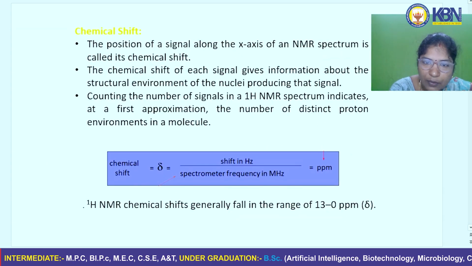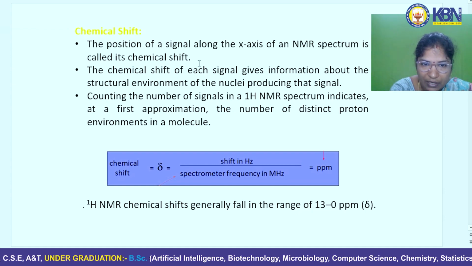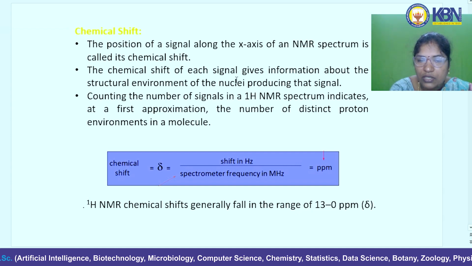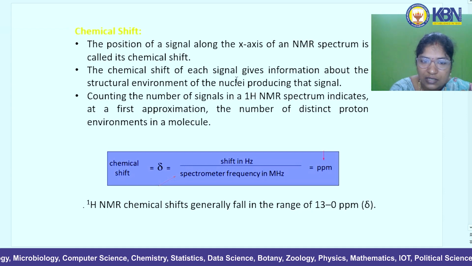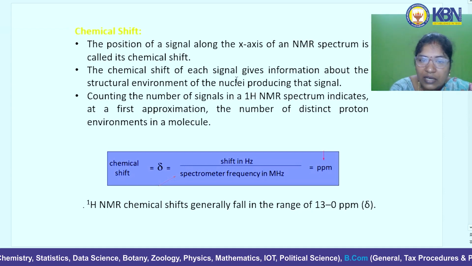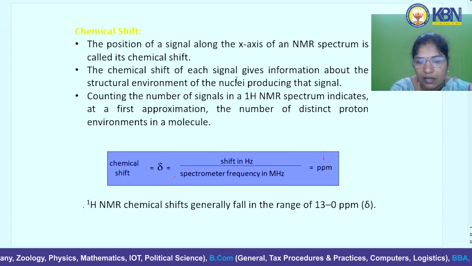Chemical shift. The position of the signal along the axis of the NMR spectrum is called the chemical shift. The chemical shift of each signal gives information about the structural environment of the particular protons that give the signals. Counting the number of signals in a proton NMR spectrum indicates, as a first approximation, the number of distinct proton environments in a molecule.